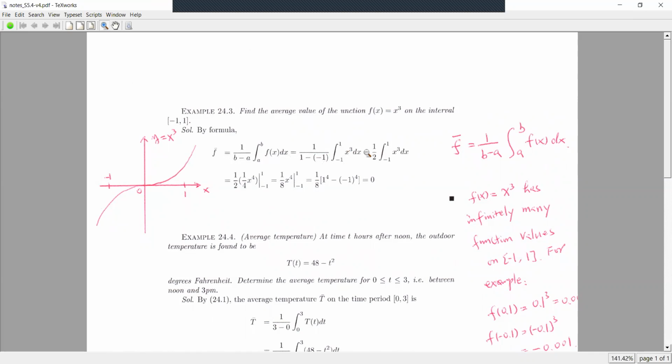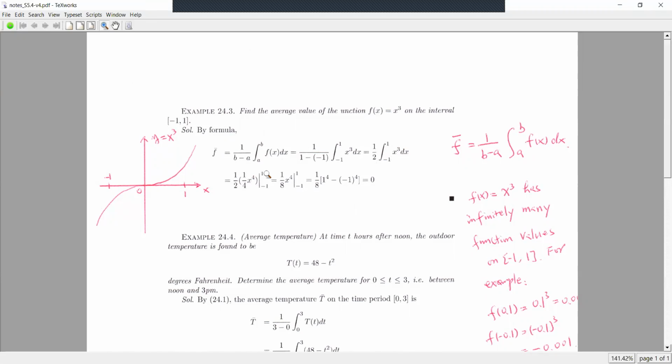So we have this equation. To compute this integral, I use the fundamental theorem of calculus. Find one anti-derivative for x to the third. It is 1/4 x to the fourth.